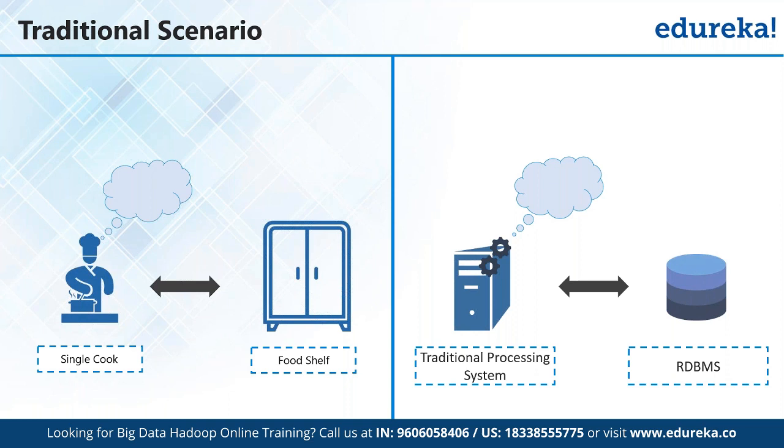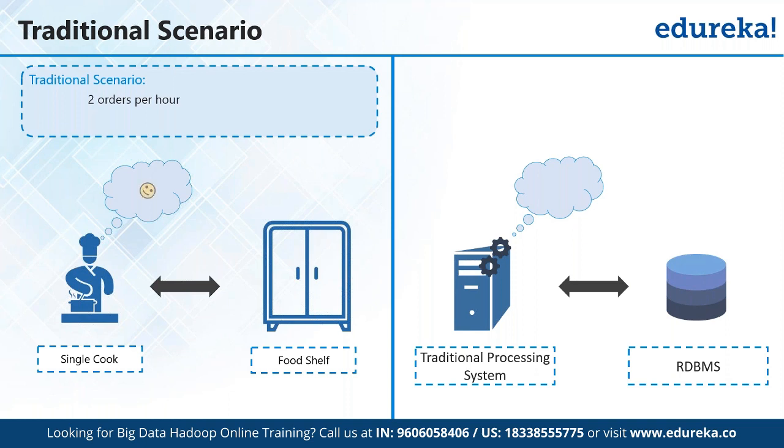The left side is the practical scenario we are discussing, and how you convert it into a typical technical problem. You have a single cook and a single food shelf, cooking and putting food into the shelf. Similarly here, you have a processing system and a storage system. You process the data just like the cook processes food, and put it into the RDBMS.